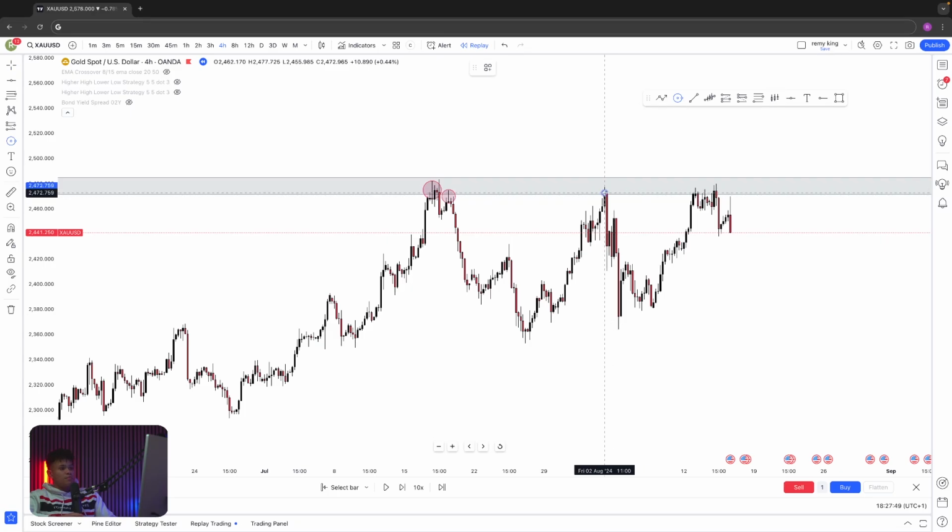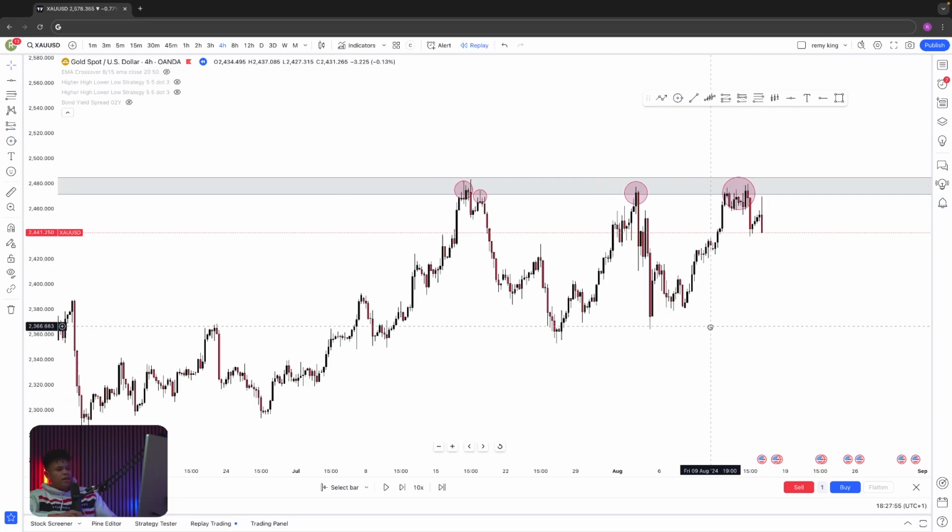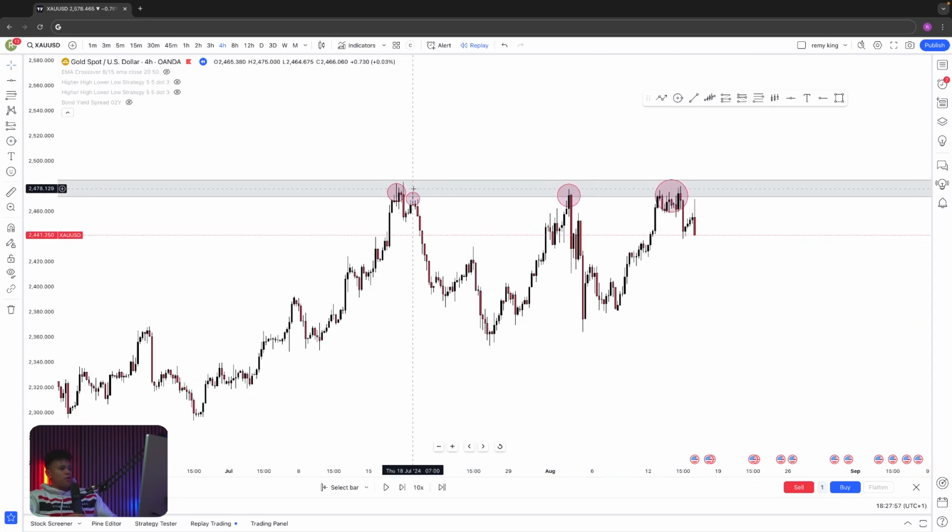A couple of times. Boom. Right here multiple times like this. Okay, we have a first rejection right here, and then we have another rejection right here, and you can use those confluences for possible short opportunities. But listen closely, please do not trade based only off of this concept, because my strategy is based on fundamentals.